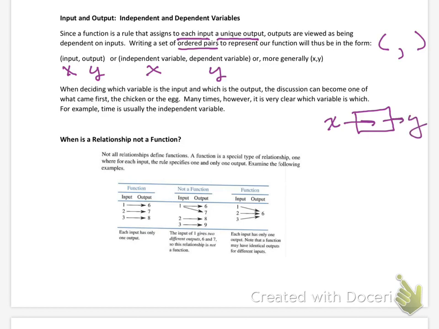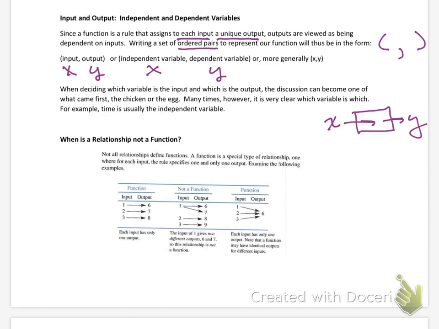Sometimes when deciding which variable is the input and which is the output, it's not totally clear, but many times it is. For example, time is always going to be the independent variable. Time waits for no man, time marches on. That implies that time is independent of everything else going on around it.